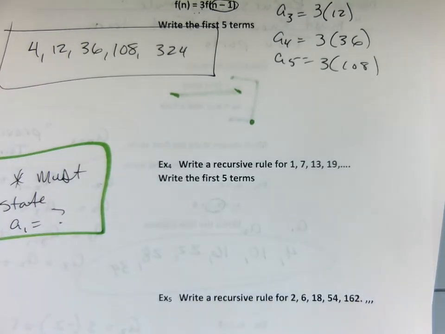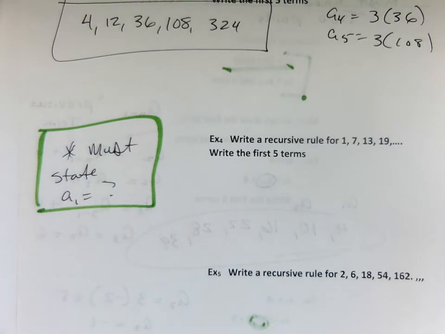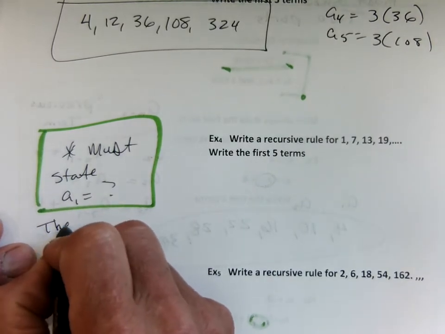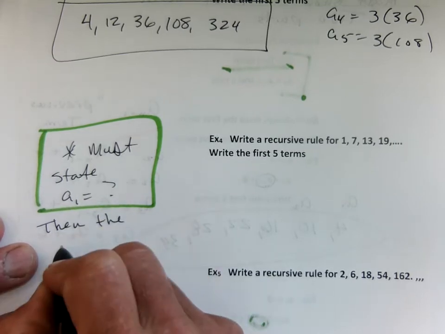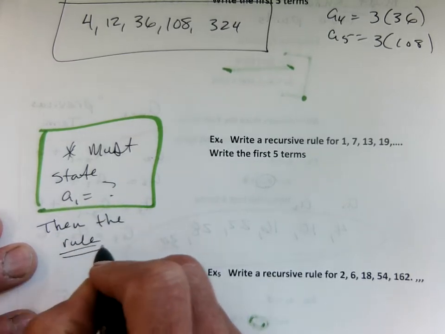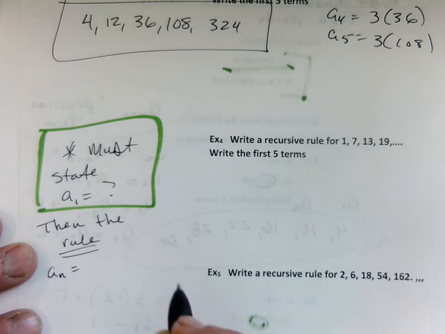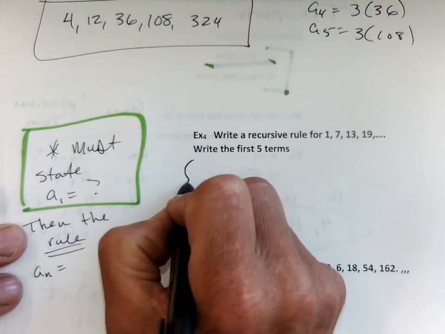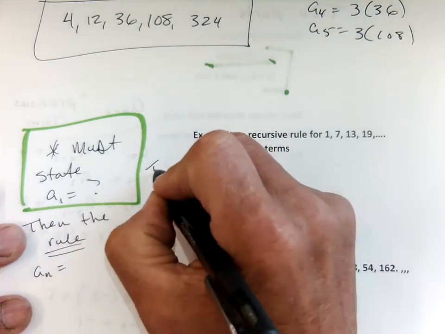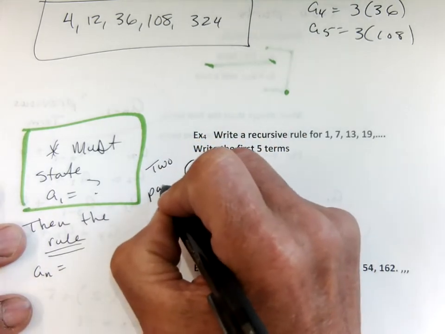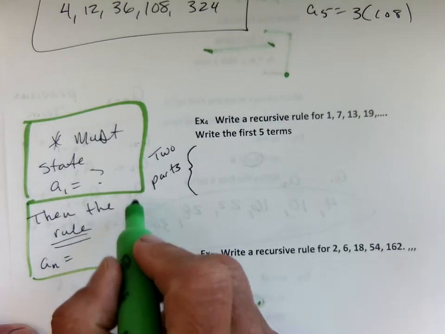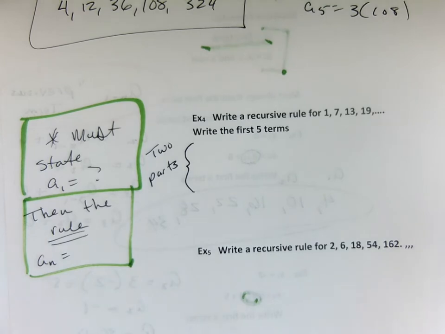You must state A1, and then the rule. A of n equals something. So it's always 2 parts. So we need 2 parts. I'll let you catch up, okay? You need 2 parts.